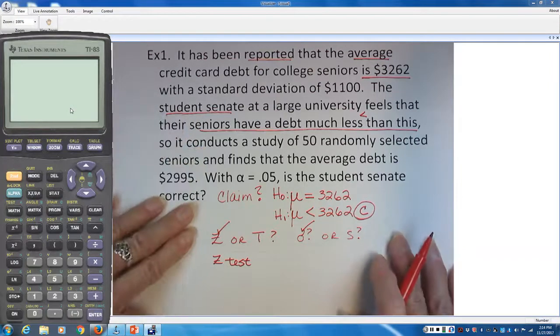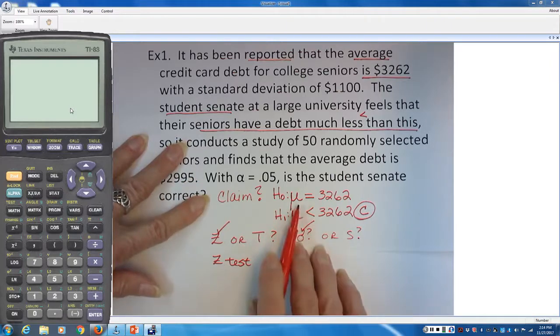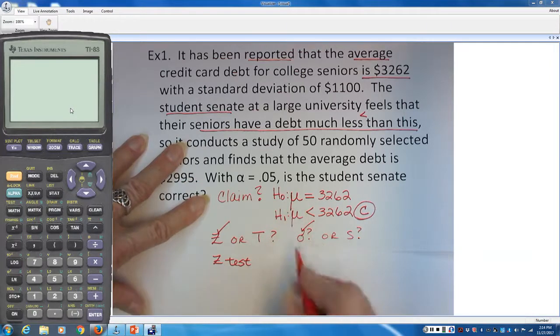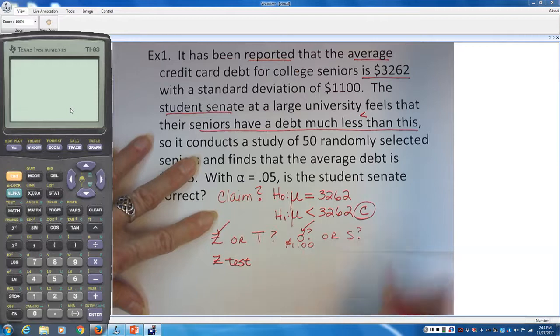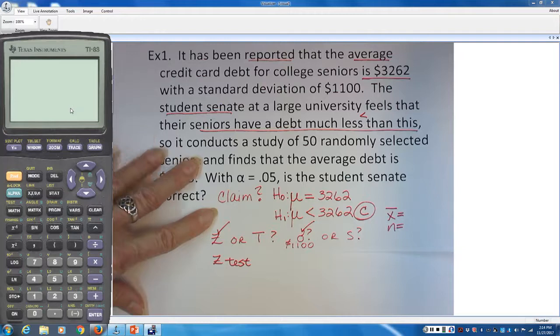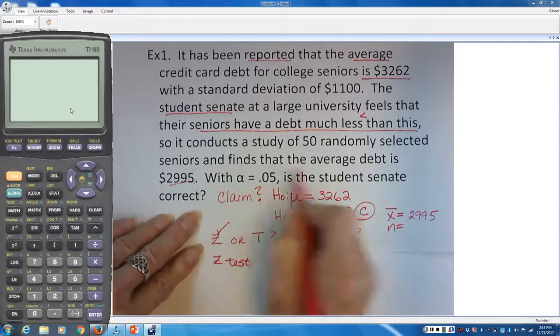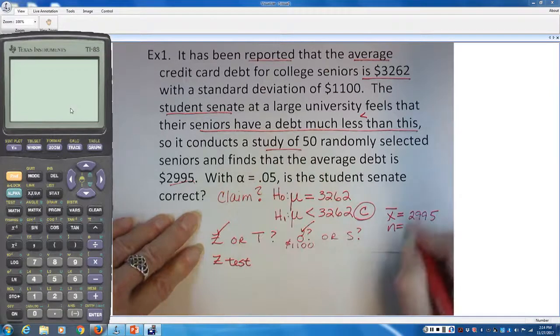Once you've determined that, the only thing else you need to do is go back through here. You've already identified mu. You told me this was sigma, so make sure you make a note of what it is. And then you're going to need the sample mean and the sample size. Your sample mean is 2995. Your sample size is 50.